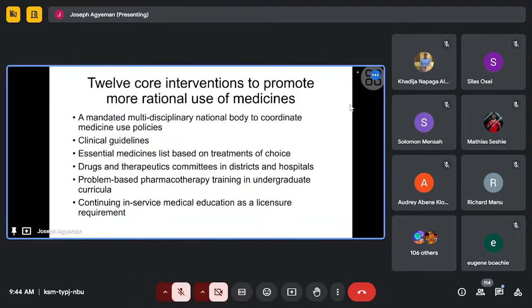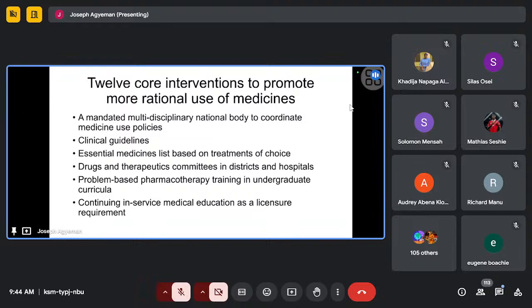And therefore, the development of the essential medicines list is very, very important. At least those drugs will meet the basic or the priority healthcare needs of that country. And therefore, these drugs are selected based on evidence concerning safety, efficacy, cost effectiveness.